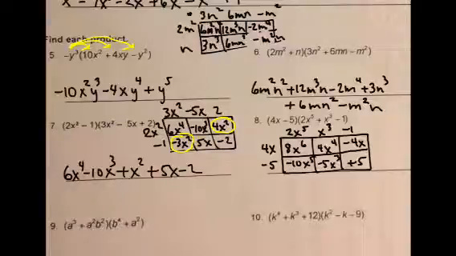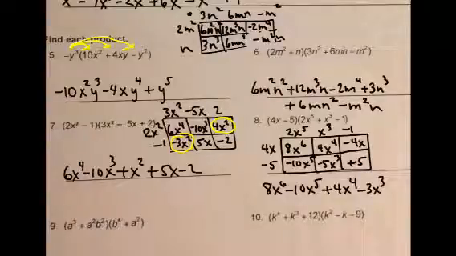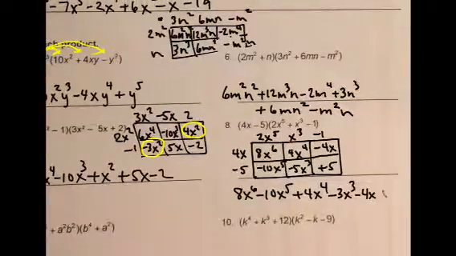The highest degree is 6, so it's 8x to the sixth, then negative 10x to the fifth, then the fourth degree, then the third. There is no square, minus 4x plus 5.